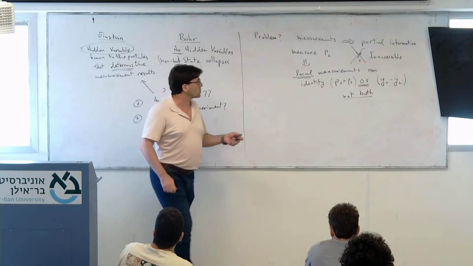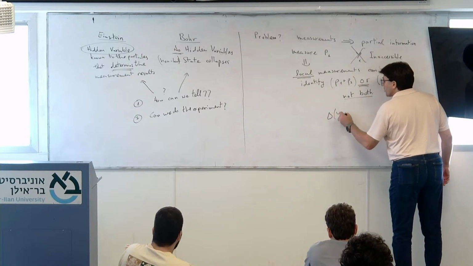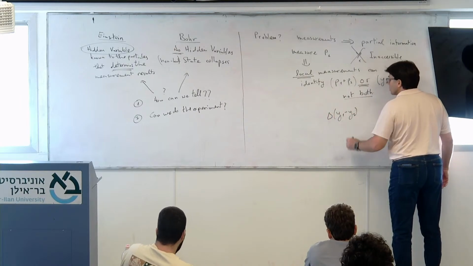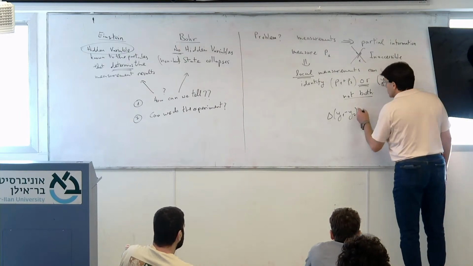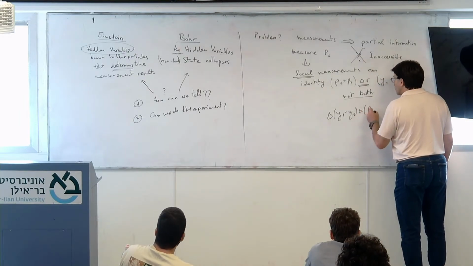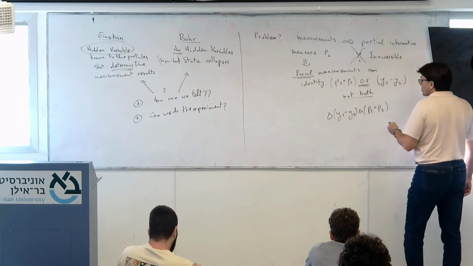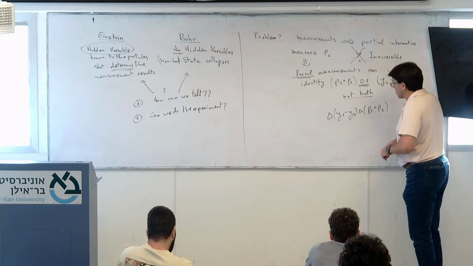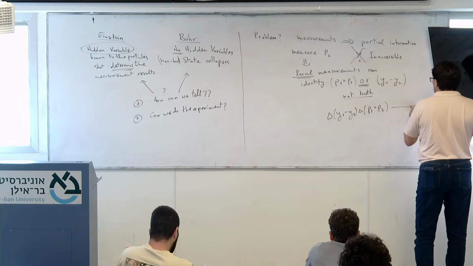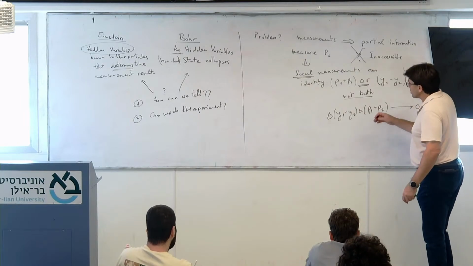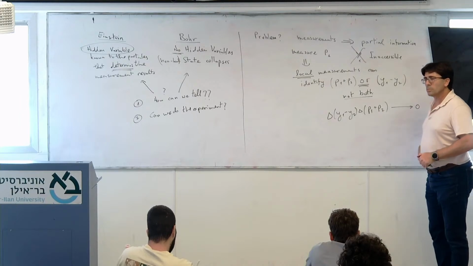So that means that in this case, the uncertainty of the position difference times the uncertainty of P1 plus P2, in quantum mechanics, this multiplication of uncertainties can go to 0.